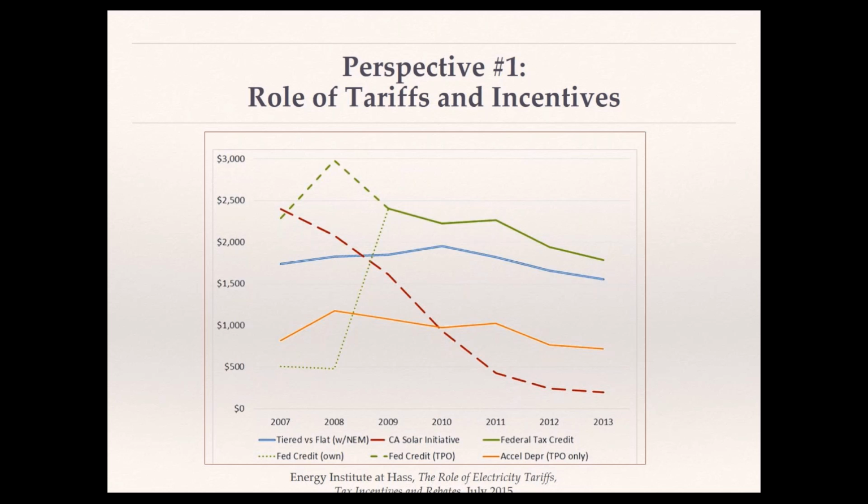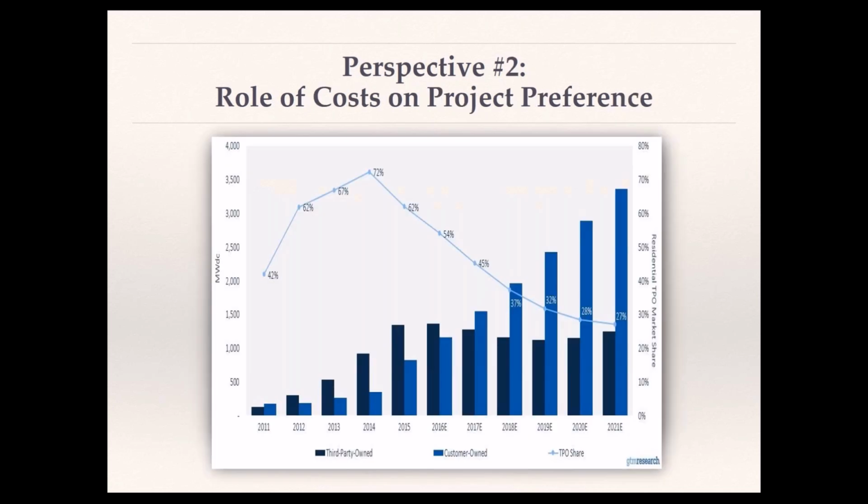And as you can see, it has a declining role and importance in the overall transactions. A second perspective that is important is that there has been a trend, largely driven by the declining solar cost, in the movement from power purchase agreements to property owners purchasing these systems.